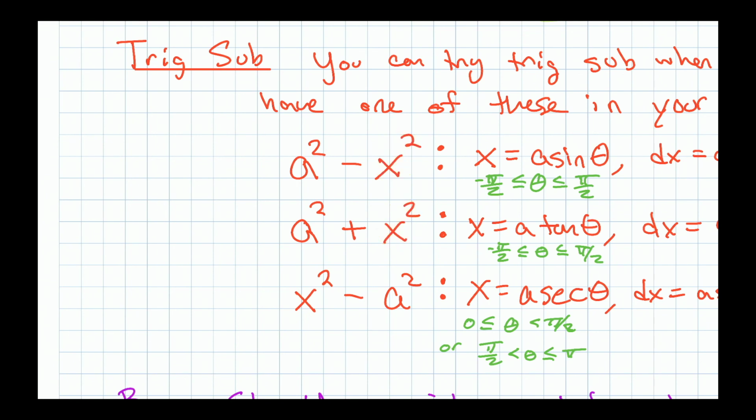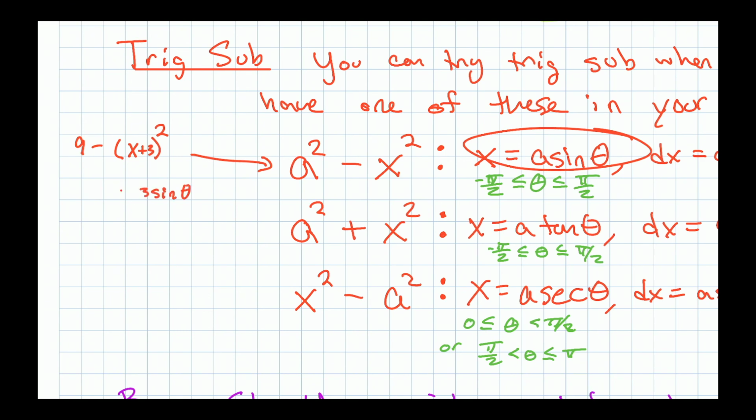What you can do is, if you had, for example, instead of a squared minus 4, let's say you had 9 minus x plus 3 squared. That looks basically like this. It's just that we have an x plus 3 instead of an x. All you would have to do in your substitution is say a sine theta is 3 sine theta.